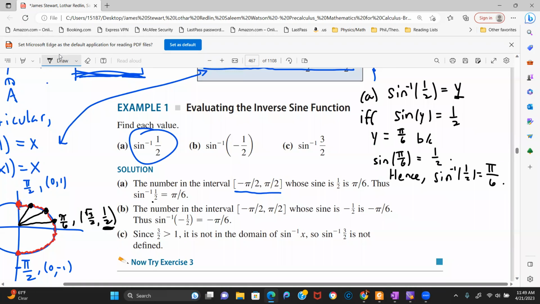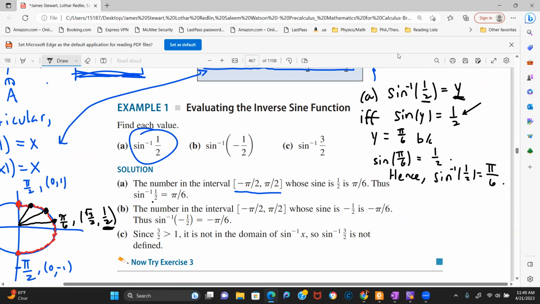It's similar to how we evaluated other inverse functions. Basically, you plug a specific point into your inverse function and give the output a name. You don't know what it is, just call it y. Whatever it is, it has to satisfy this equation.